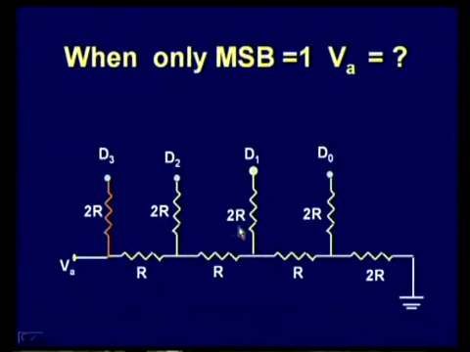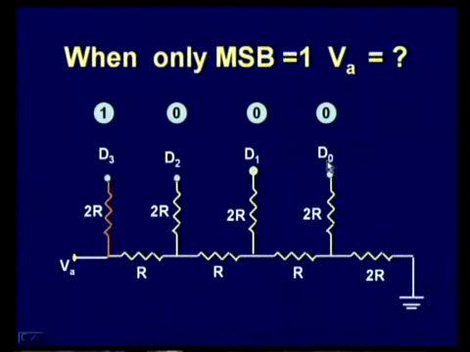These are of equal value, but for the output being taken at this resistance, we are going to show it in a slightly different color, though it is equal to the others in value. Now, see, if a given digital value is applied to this, suppose that only the MSB bit is 1.